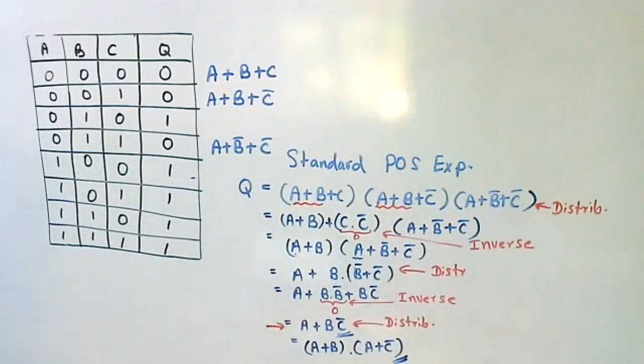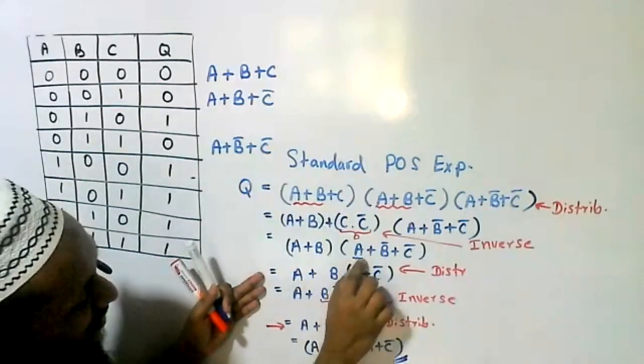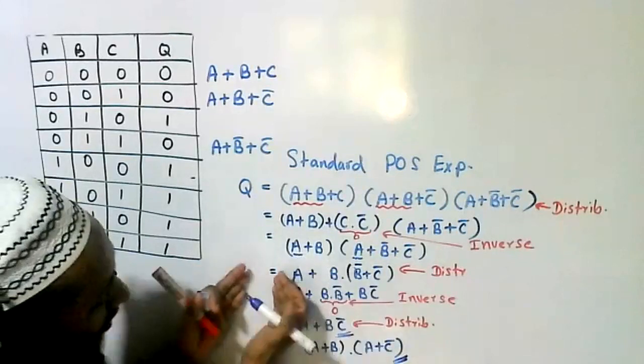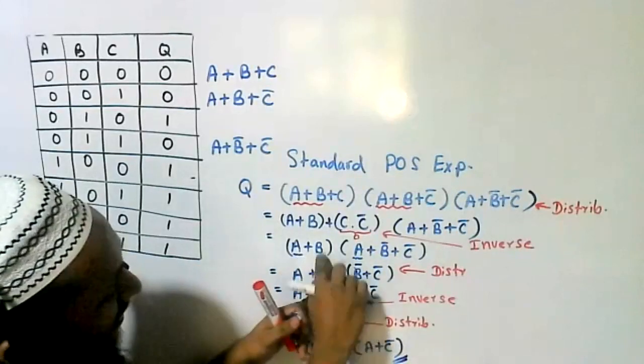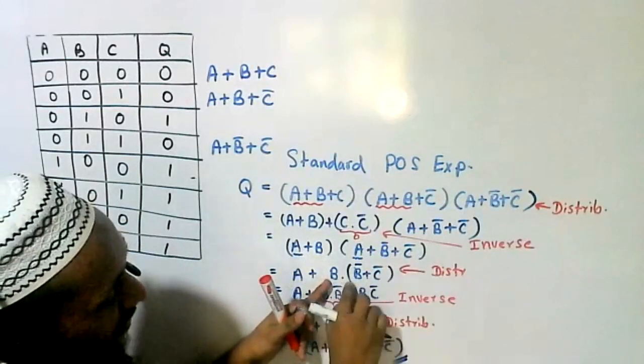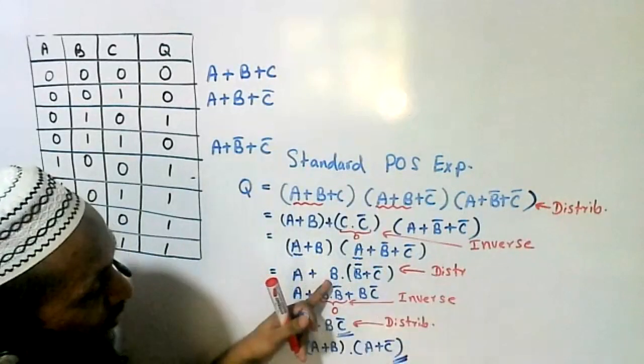Is it clear? Yes, sir. Right. Then I come to this step. So here A is common. This A and this A are common. So I took it out, plus B into B bar plus C bar. B into B bar plus C bar, according to the distributive law.